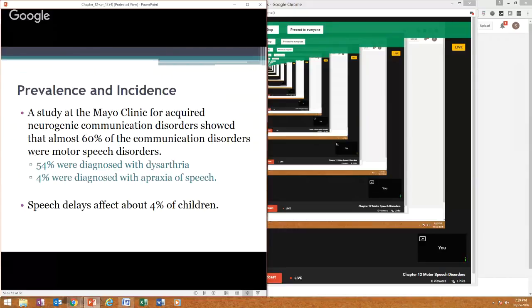These types of speech delays affect about 4% of children. So they both are fairly low incidence disorders.